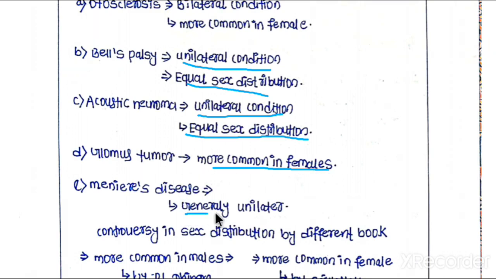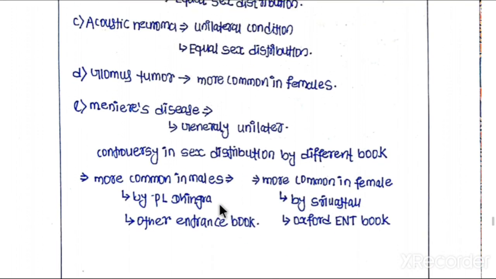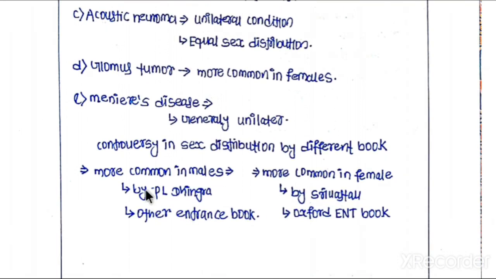Meniere's disease, generally unilateral, but there is controversy about whether it is common in male or female. By the book of P.L. Dhingra and other entrance books, it is said to be more common in male, but by Nepalese writers' books like Srivastav and the Oxford ENT book, it is more common in female.